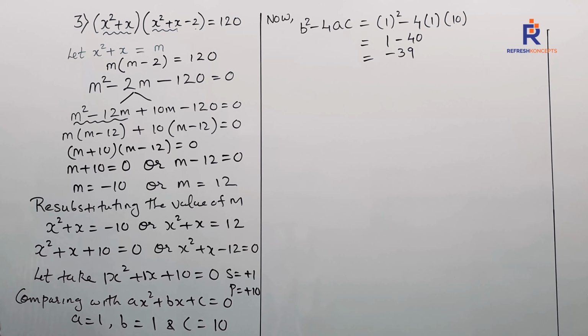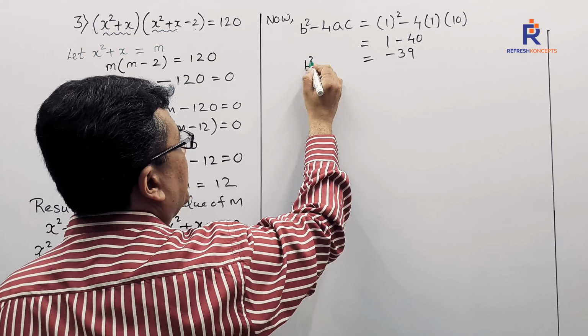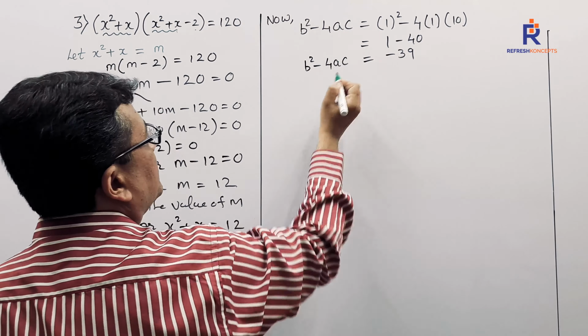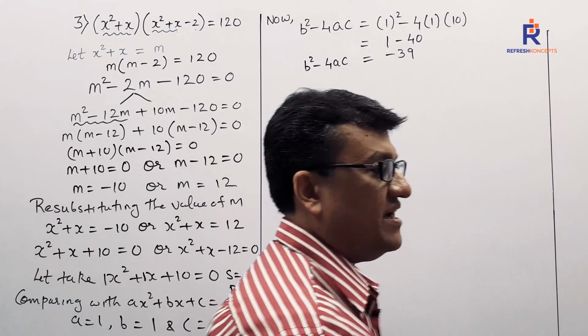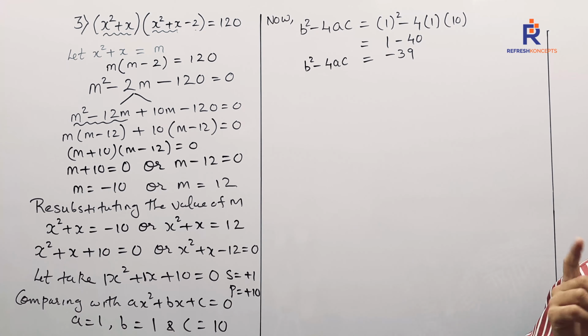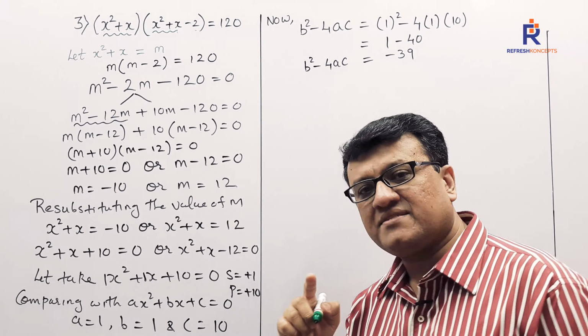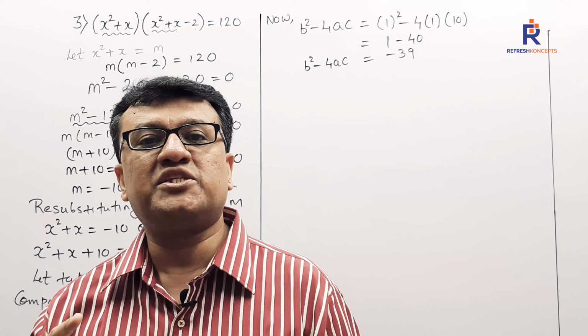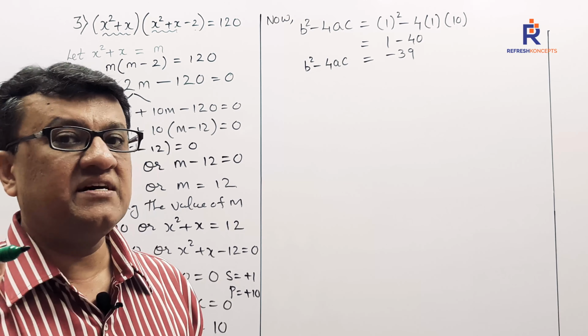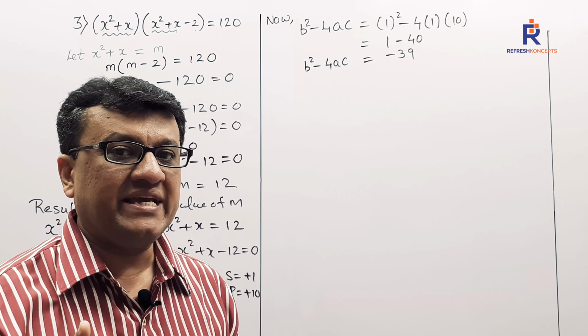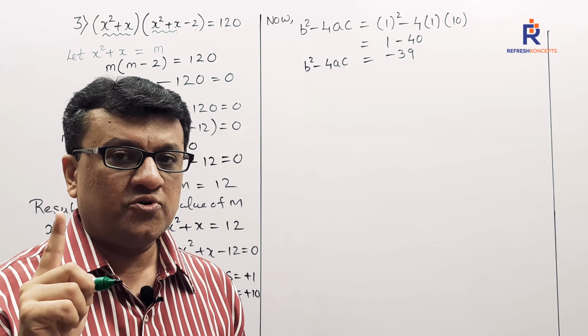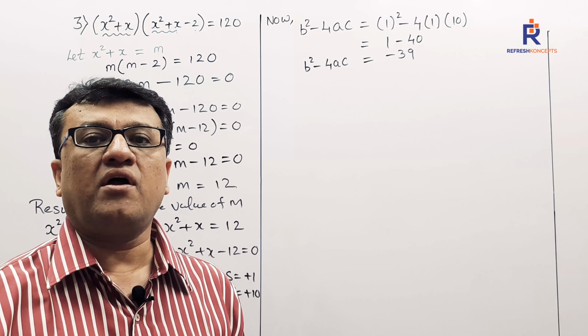Minus 39, children. So what is the value of b square minus 4ac? It is minus 39. So is there any roots? Roots are certainly there, but the roots are imaginary, not real. As we have studied earlier, if b square minus 4ac is less than 0, roots are imaginary, not real, and we do not consider it.